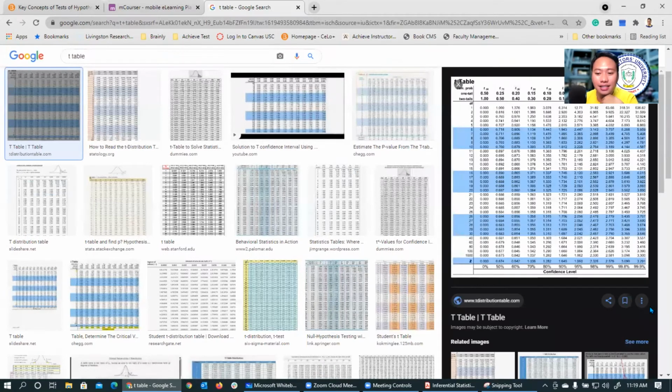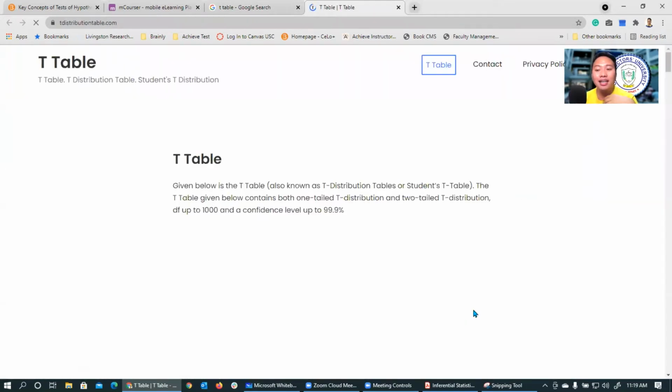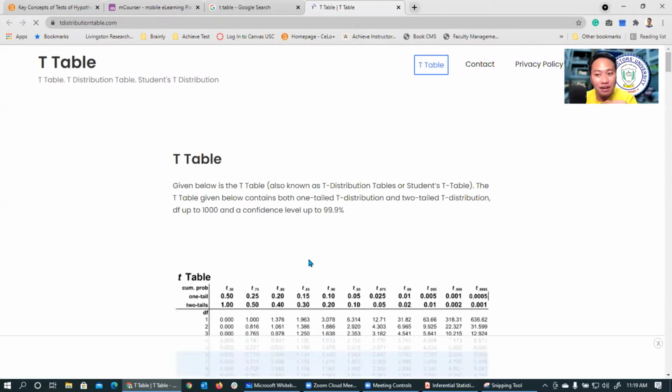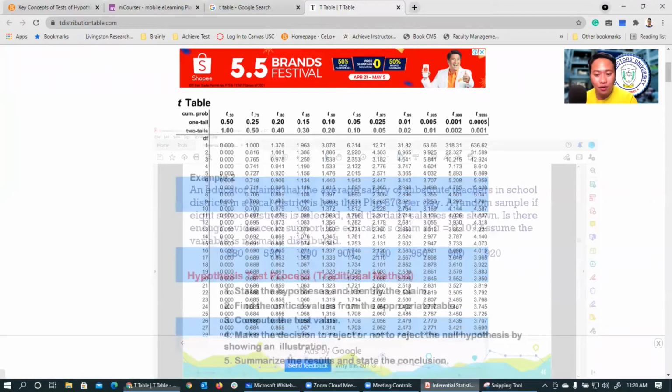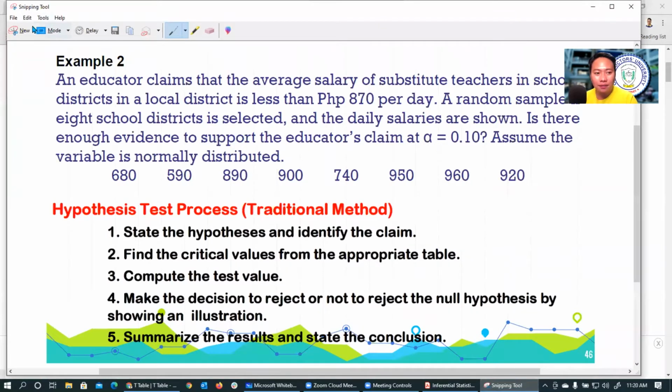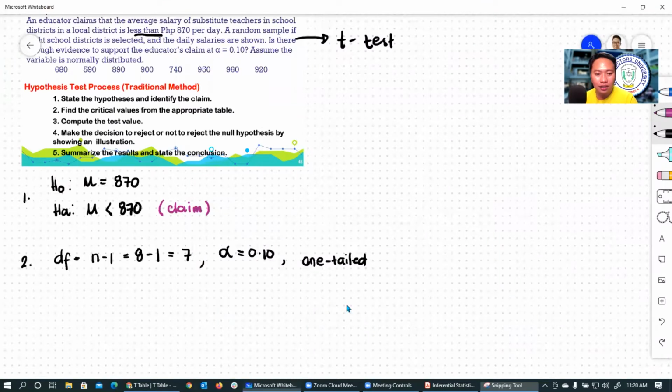Oh, guys, this is one of the advantages of the internet. Our resources are very easy to access. So let's check this out. I'm going to take a screenshot so I can annotate. T table. So here.